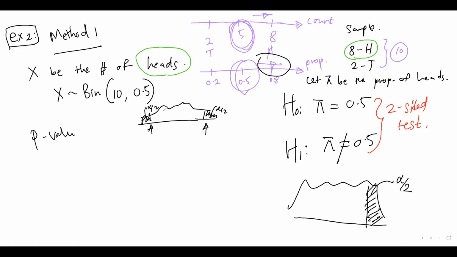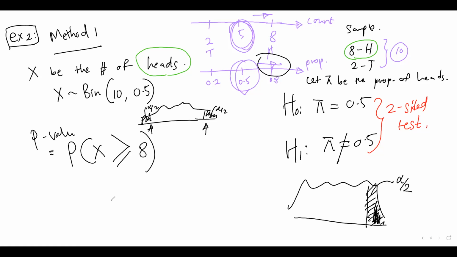So how do you compute the p-value? Probability X greater than or equal to this value. That is how we decided on this inequality sign, right? So if the p-value is less than alpha over 2, we reject H naught.